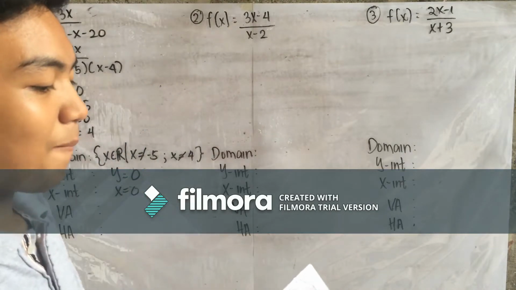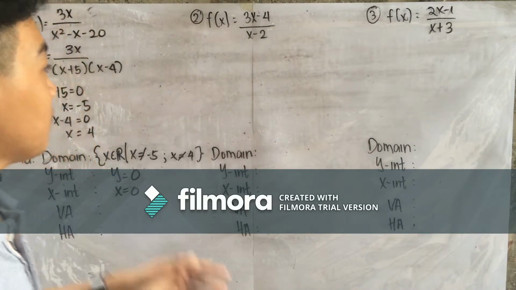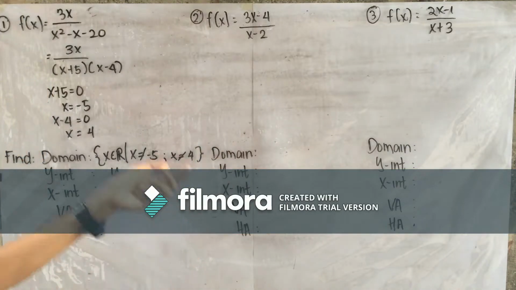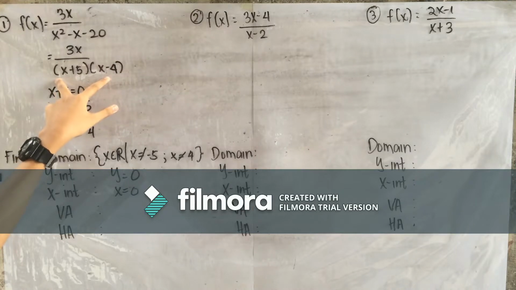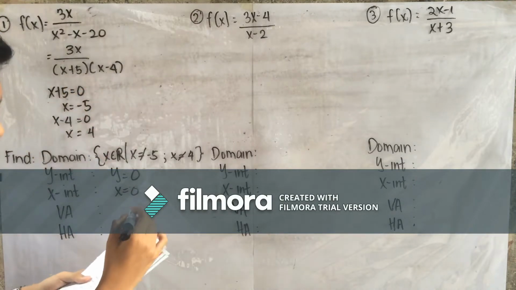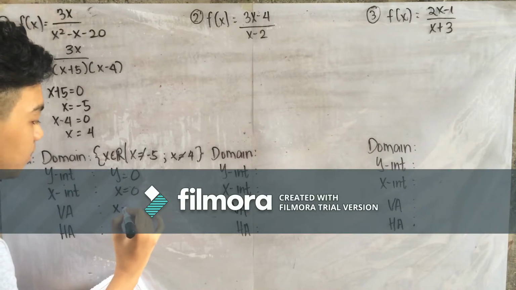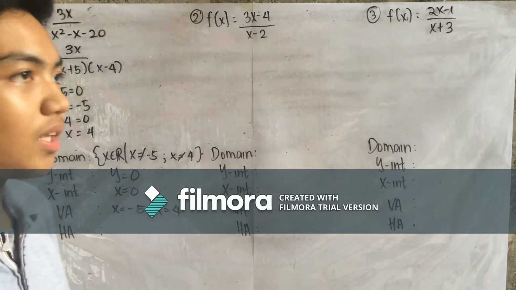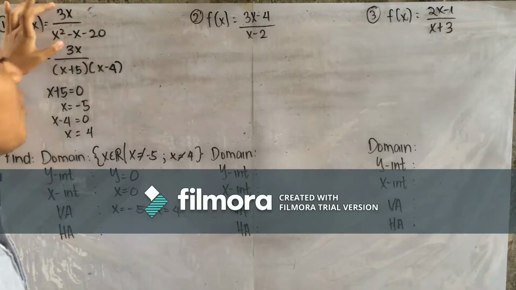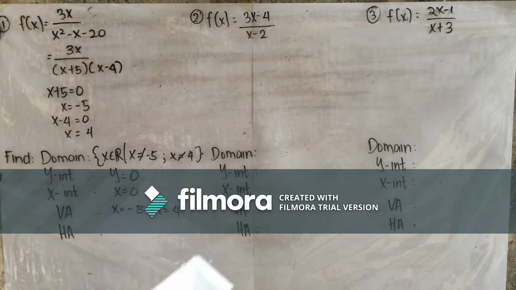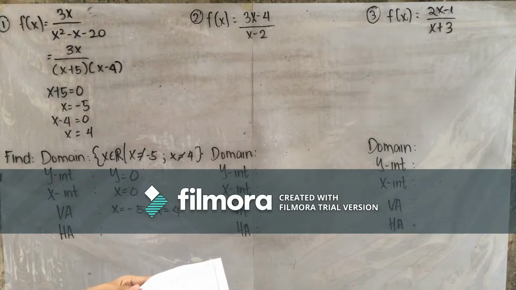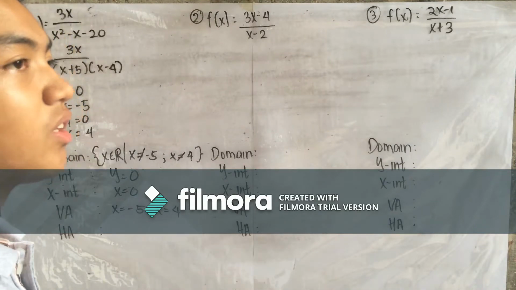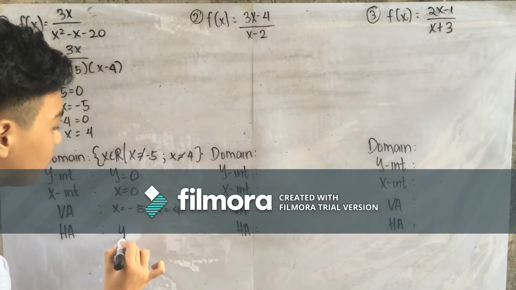Then, a vertical asymptote, by the definition, i-equate mo sa 0 yung denominator. So, almost the same lang din siya sa domain. So, vertical asymptote is x is equals to negative 5, x equals to 4. Then, horizontal asymptote. As you can see, numerator, wala siyang term na may exponent. So, by the definition, n is less than m, horizontal asymptote will be 0. So, y will be 0.